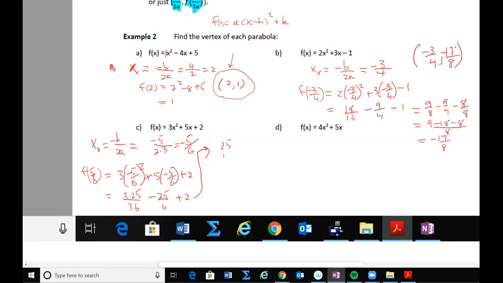Yeah, it's going to be a 12 down there. 3 over 36 is 1 over 12. Minus, let's fix this one up. This will be 50 over 12. And this will be 24 over 12. So that'll be negative 25 plus 24 is negative 1. So there's your vertex. Negative 5 over 6 with a negative 1/12.